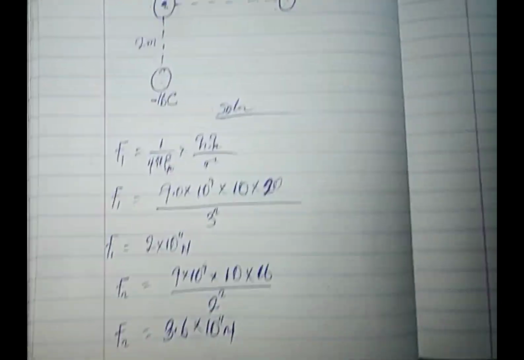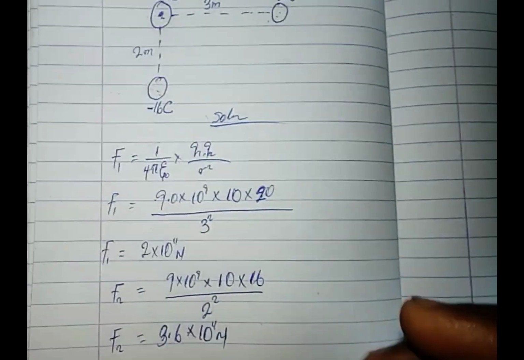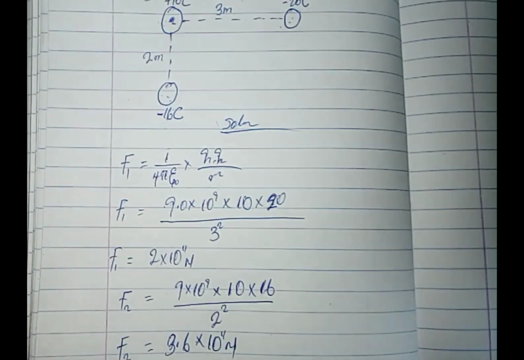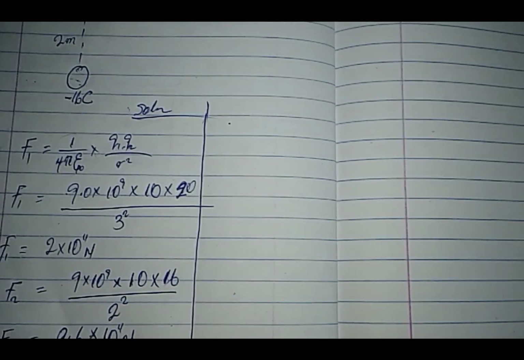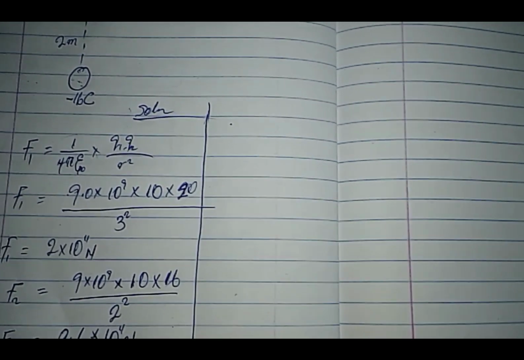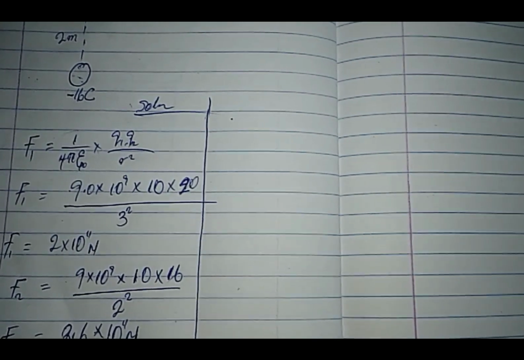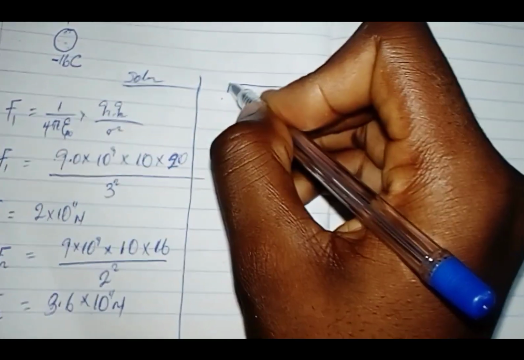So how can we find our resultant force? Our resultant force is that force that balances the two forces. In finding that, I should sketch out the diagram for you to understand what I just said.